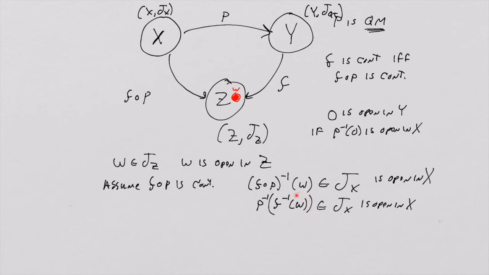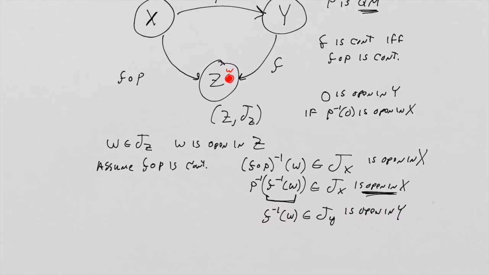We know that p inverse of this thing here is open in X, which means under the quotient topology, that must be open in Y. And I'm being redundant here, just to emphasize this statement that the preimage of W in Y is an element of the topology of Y, that's the same thing as saying the preimage of W is open in Y. All right?